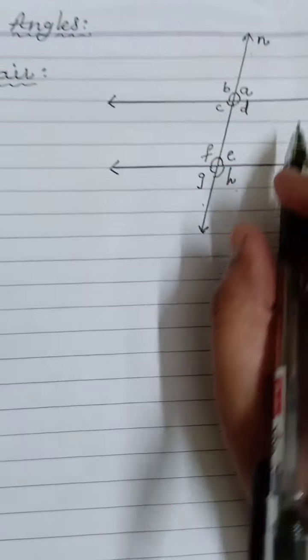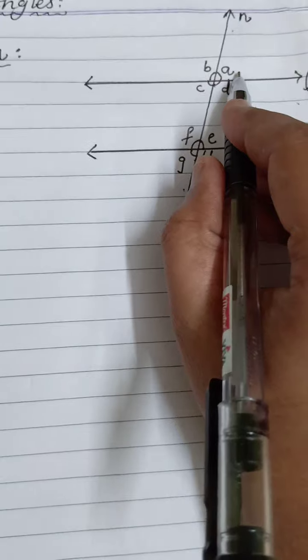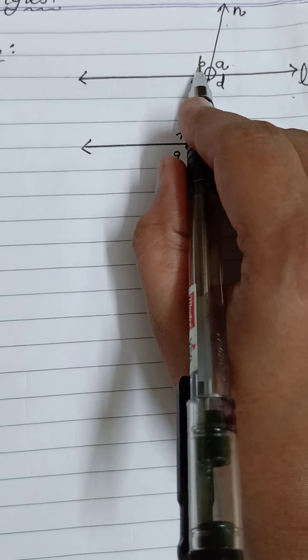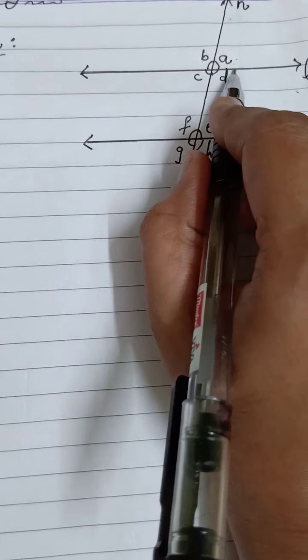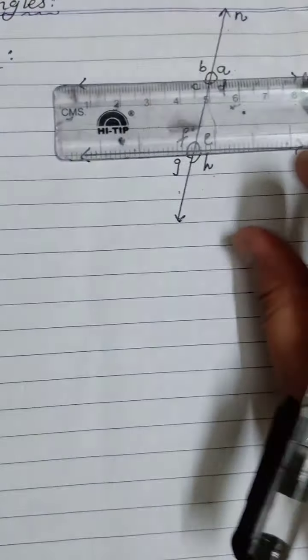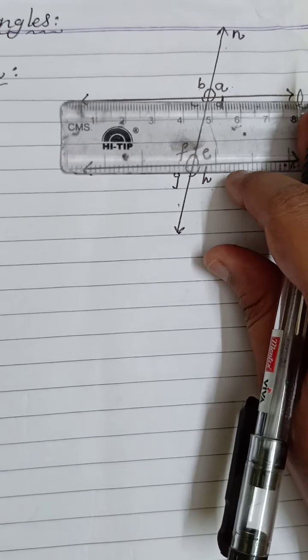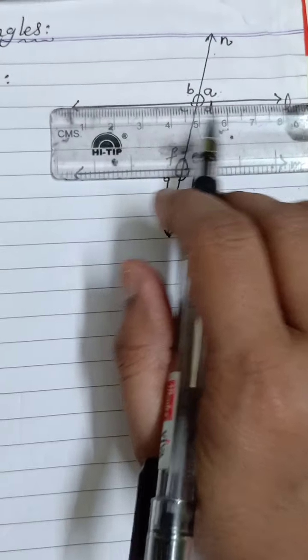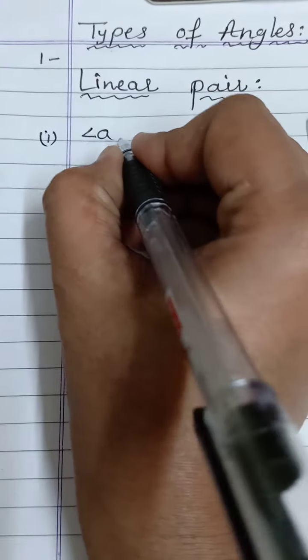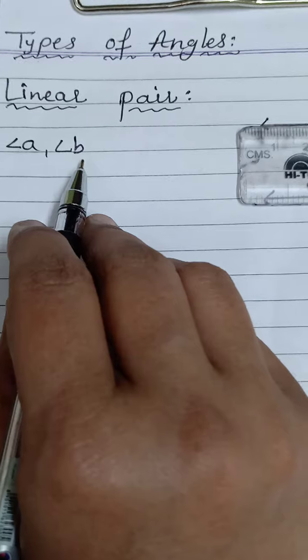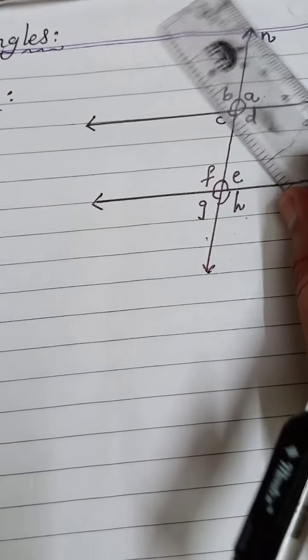So linear pair. Now I will start from A. If you see angle A and angle B, if we combine these two angles, they will make a straight line, that is line L. Therefore we can say our first pair for linear angles is angle A, angle B. Now we have ended at angle B, so the second pair will start from angle B only.